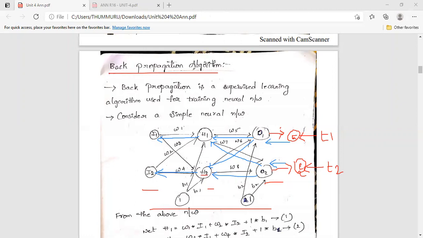Back propagation in the sense, whenever we get the error rate, then we propagate backward through this network to decrease the error, by changing the weights of that particular network. So this is the overall back propagation algorithm concept here.